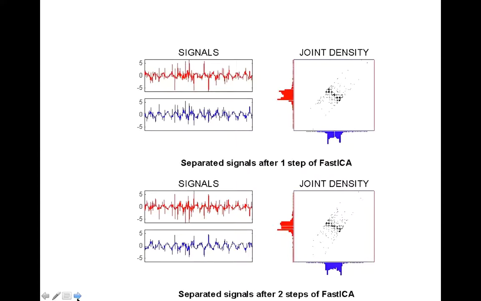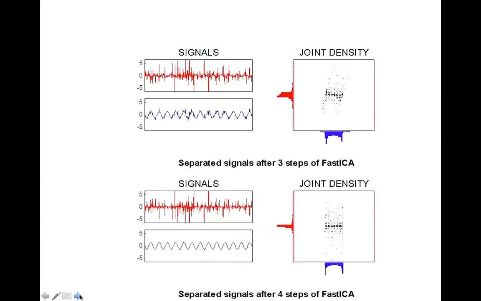of those distributions. If we now use an algorithm called fast ICA, fast ICA is working to separate the signals. So after the first step, watching the curve here, you see that it is becoming less Gaussian shaped. After 2 steps, after 4 steps, watch what's happening here to the curve.